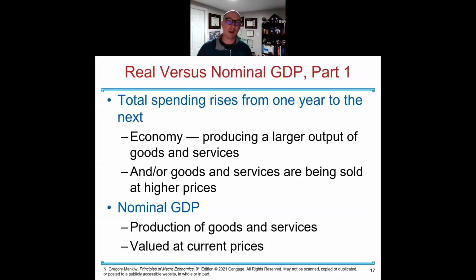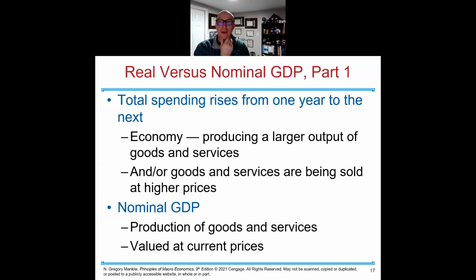But now that we know that, we can also look at what we call the real gross domestic product versus what we call the nominal gross domestic product. And I'm going to explain this concept. So we'll look at total spending.